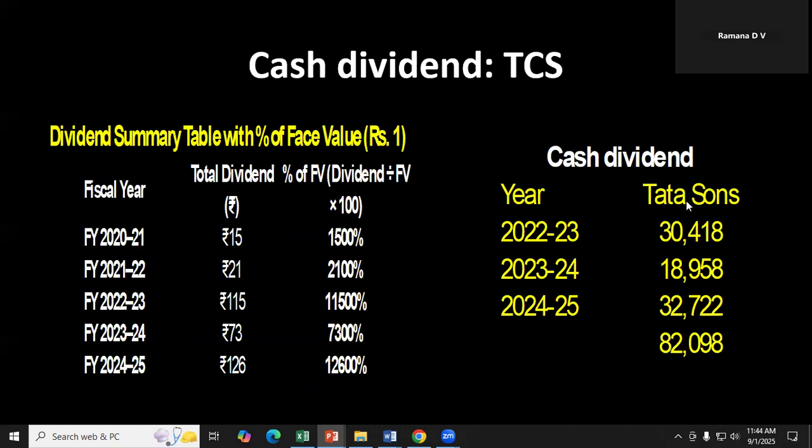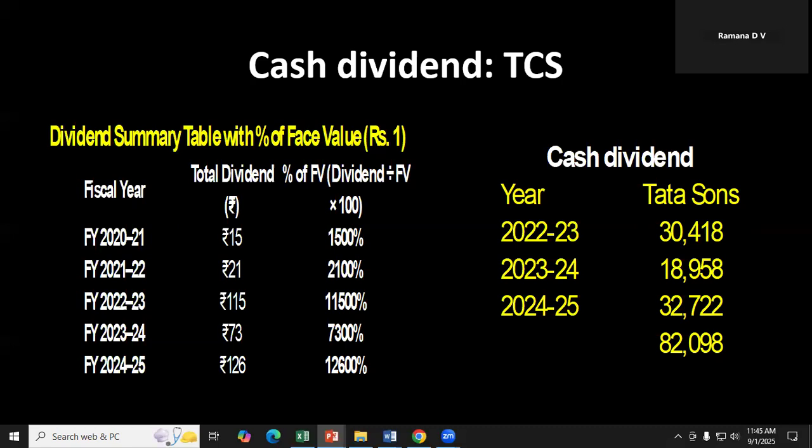And out of this, in the last 3 years itself, Tata Sons, which is the largest shareholder of TCS, has received around 82,000 crores as a dividend.